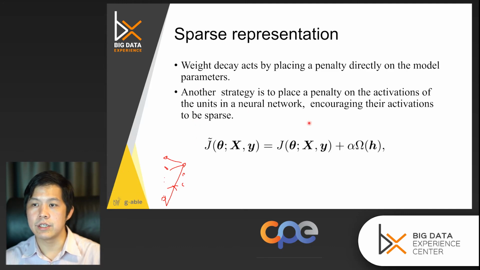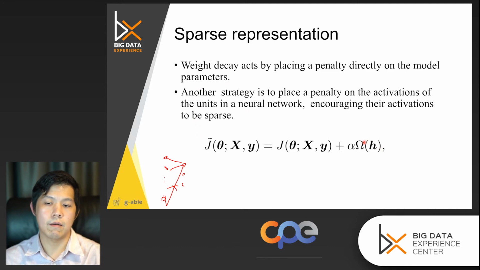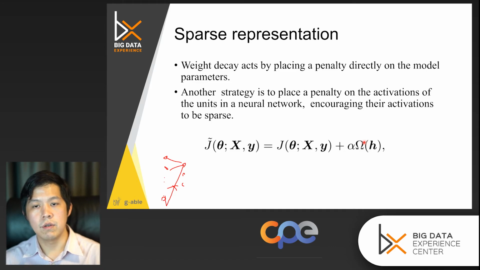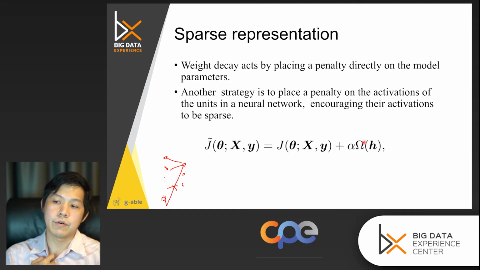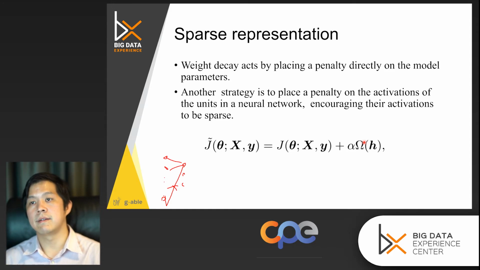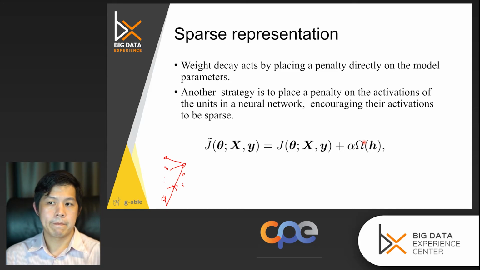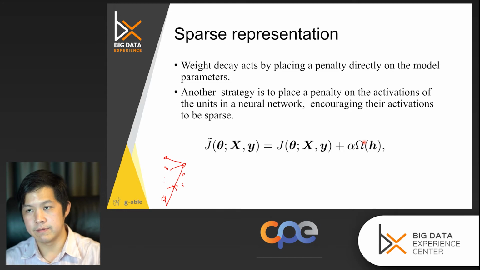So this is a strategy that encourages the network to activate the parts that are necessary, and create something like a sparse representation. This concept is the foundation of attention.